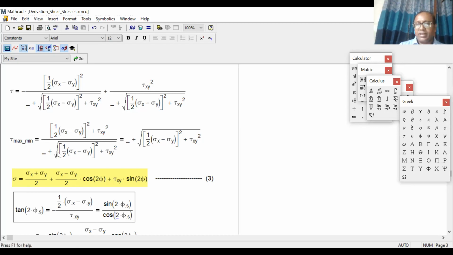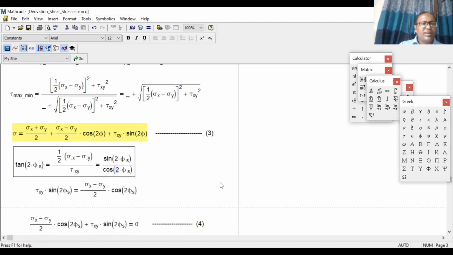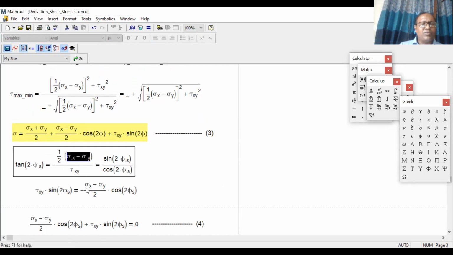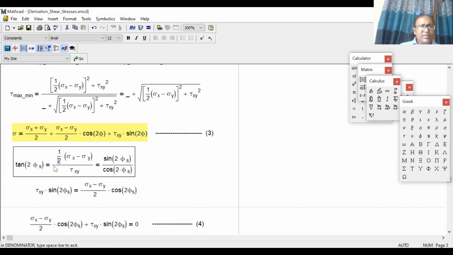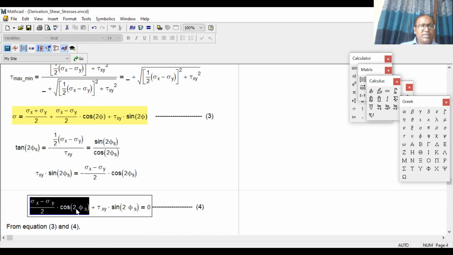Then I simplify this equation right over here. I can say sin 2 phi into tau xy equals half of this one into 2 cos phi s. And remember, here is a minus sign. At the front there is a minus sign. So after simplifying, this minus sign you bring to the left side, it will be plus. So plus this one equals 0.